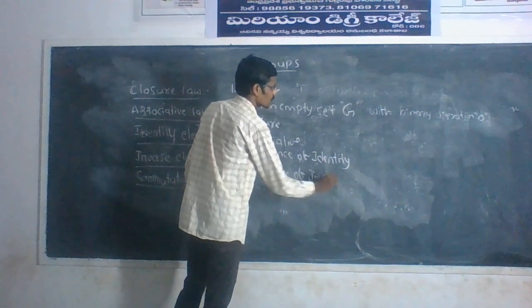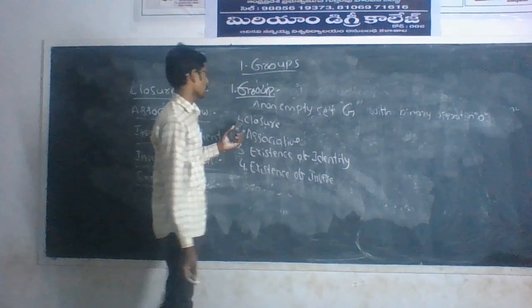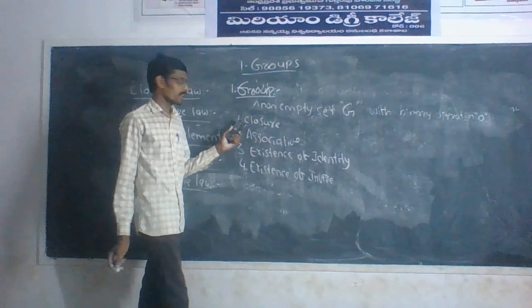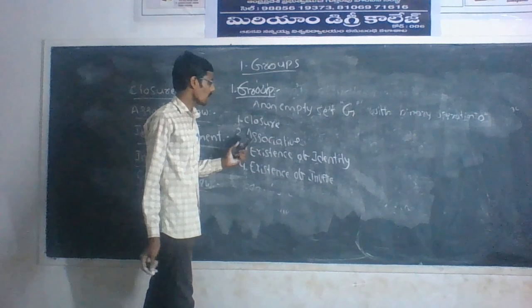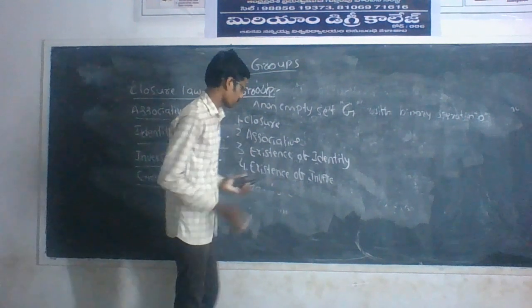A non-empty set G together with a binary operation circle is called a group if it satisfies the following properties: closure, associative, existence of identity, existence of inverse.